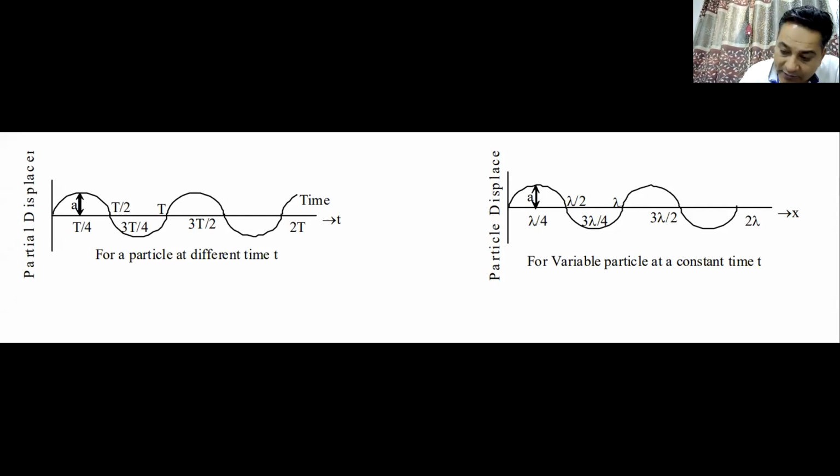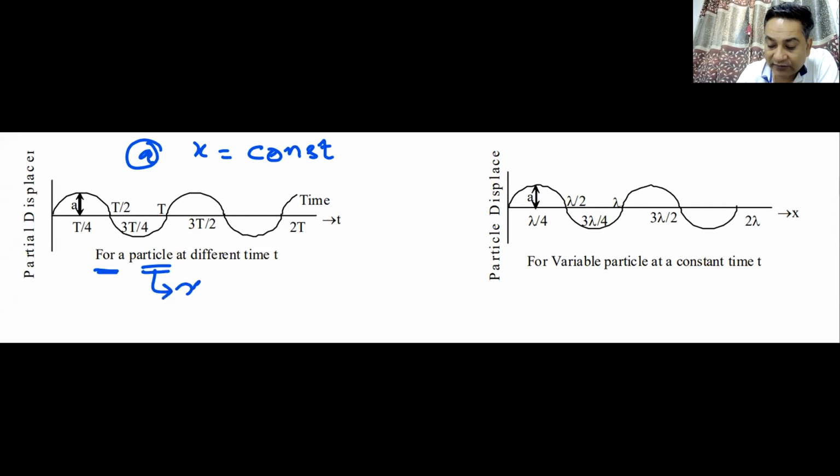When I look at diagram number A, what I have done, I have put the value of x as constant. Let us say I had put the value of x as 0, and then I had varied time. So I get the displacement of the particle, which is at x is equal to 0 at all times.